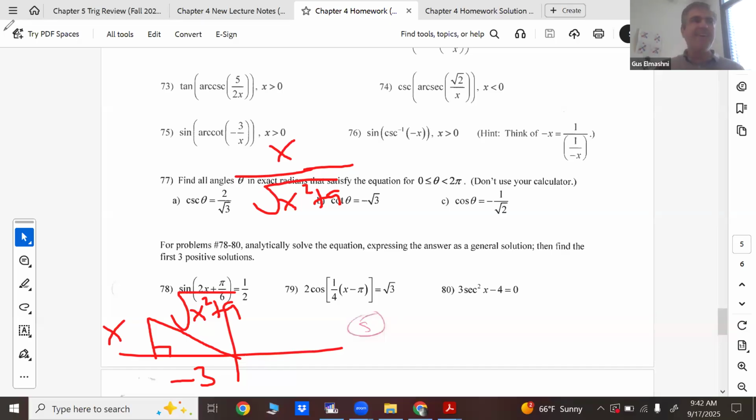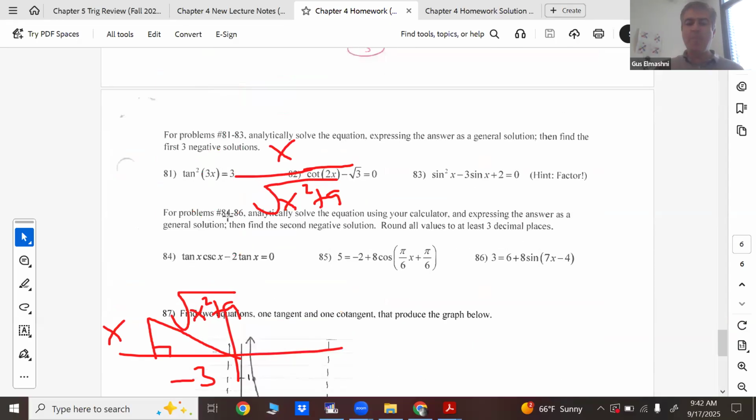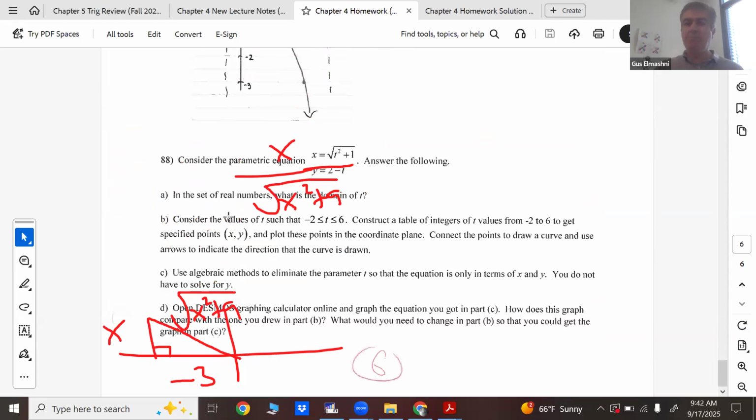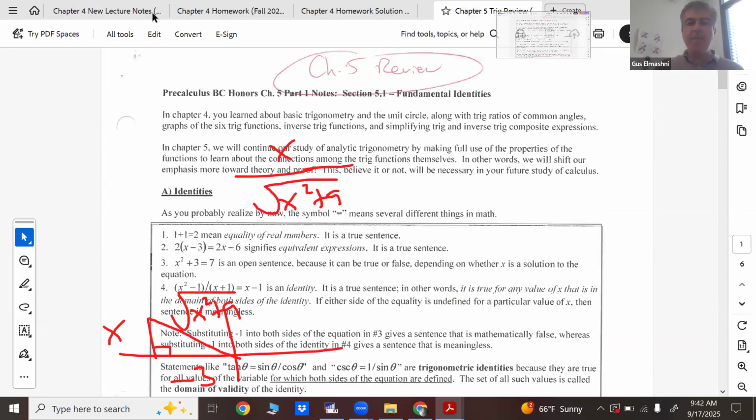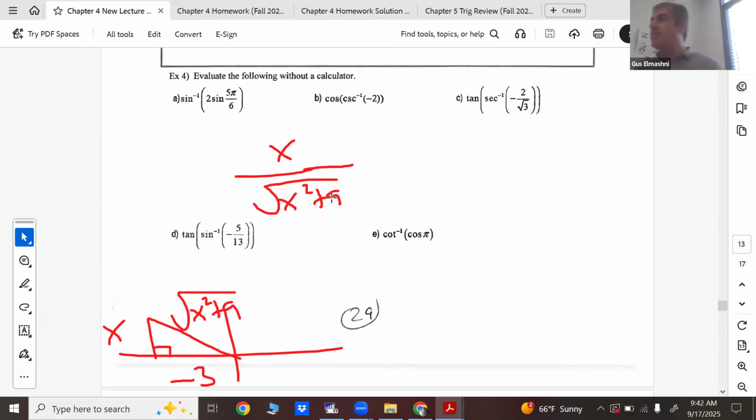So, all right. Other questions? No? All right, let's move on. Let's finish off the rest of the notes. And then I want to give you a new set of notes on chapter 5, because we do have to start talking about identities. The identities you might actually like, because that's kind of like a puzzle.